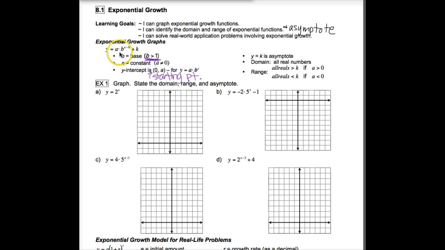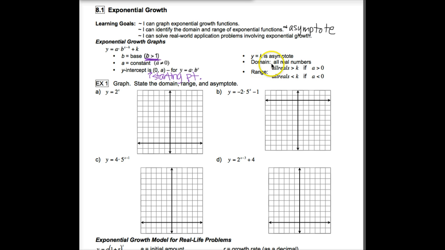So whatever the a value is, as long as there's no h or k, no shifting, that's going to be the value of your y-intercept. Then asymptotes are always going to be located wherever the k value is. So k represents your vertical shift up or down, and that is also going to be representing the location of your asymptote.